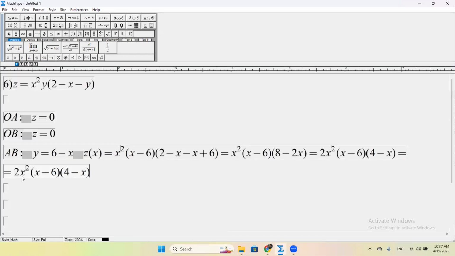So let's expand first of all these brackets. So x squared, plus 6x and plus 4x, so plus 10x and minus 24.